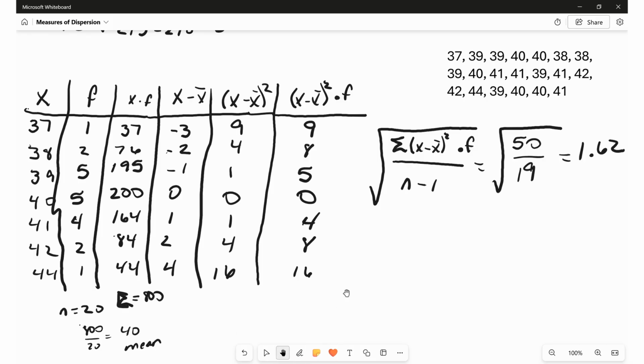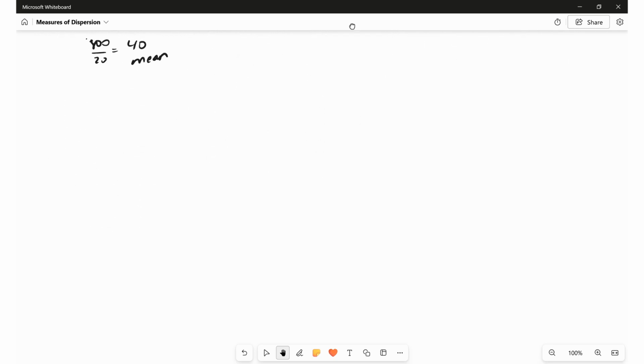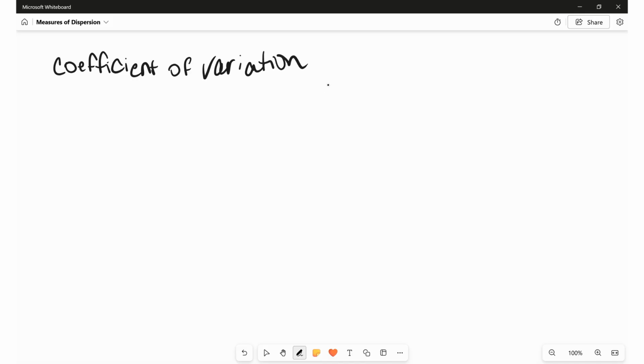Okay, because something else that we can look at when we're looking at measures of dispersion is something called the coefficient of variation, or you might see it abbreviated just CV. Okay?